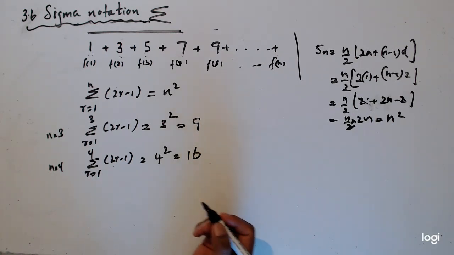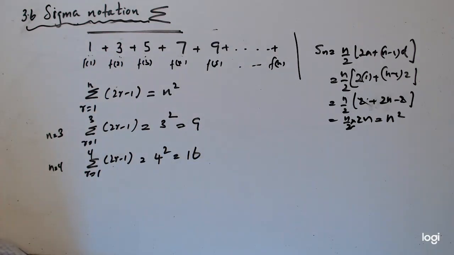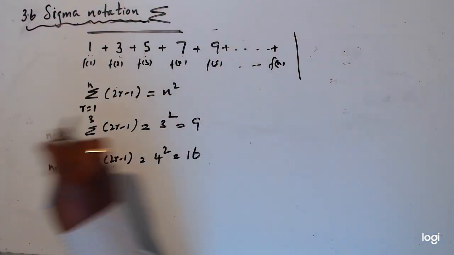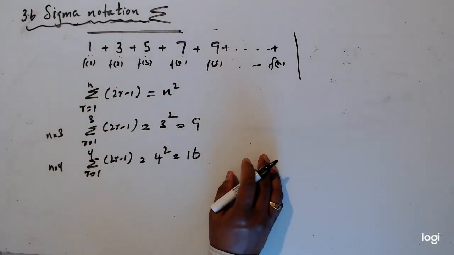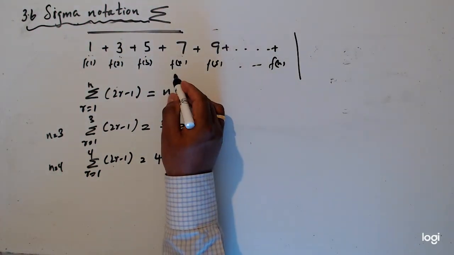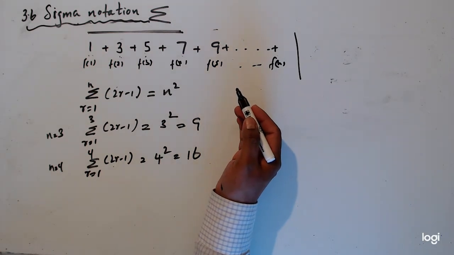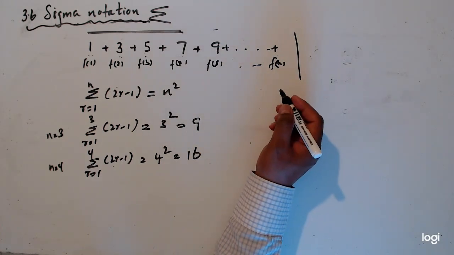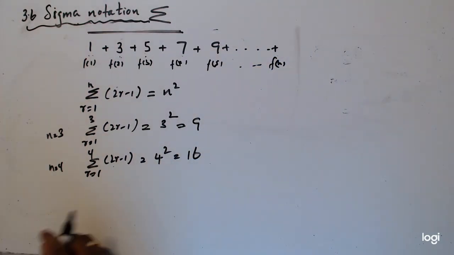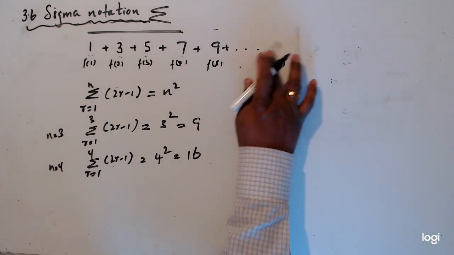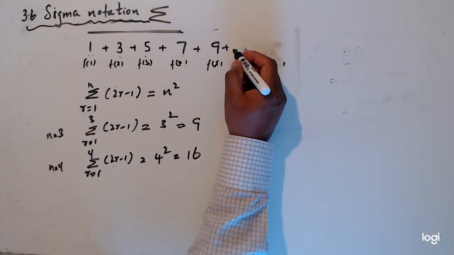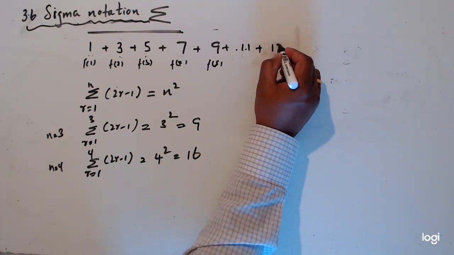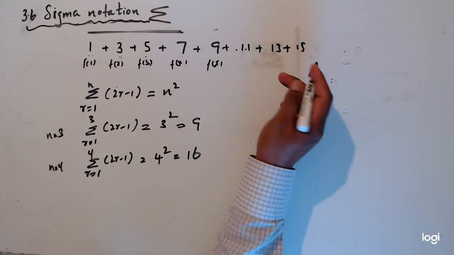So it is easy now. We can calculate. I want to calculate up to 16 terms. Okay, so I'll write a few other terms. 9, 11, 13, 15.